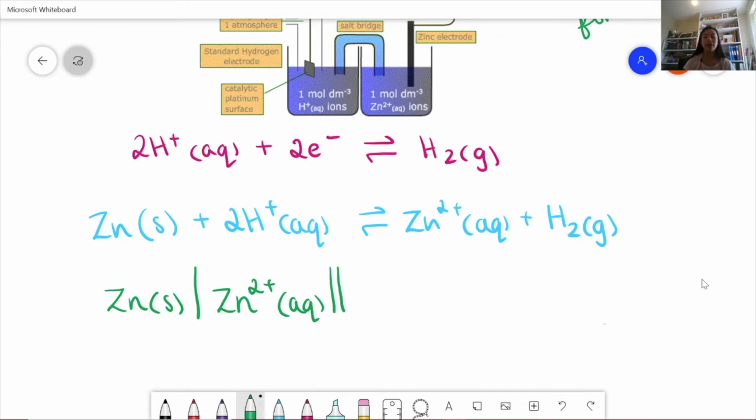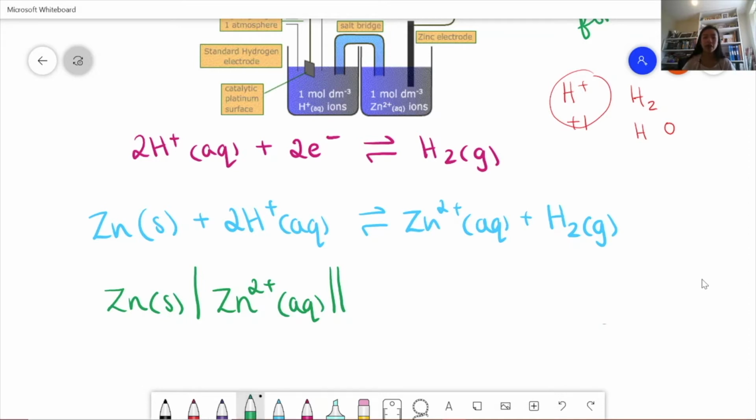And so now we work out the oxidation numbers. So we have H+, which has an oxidation number of +1, and then we have hydrogen, where the H atom has an oxidation number of 0 because it's an element. And so that means that this H+ goes in the middle because it's got a higher oxidation number.